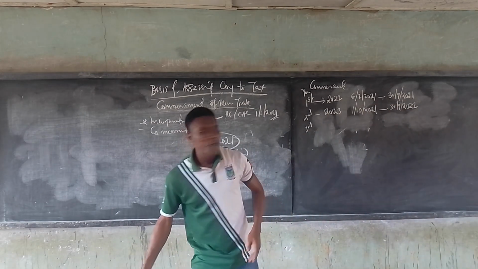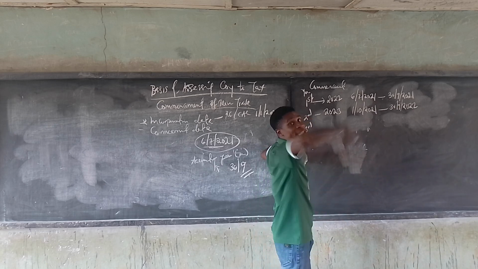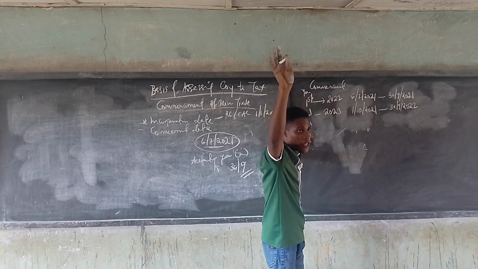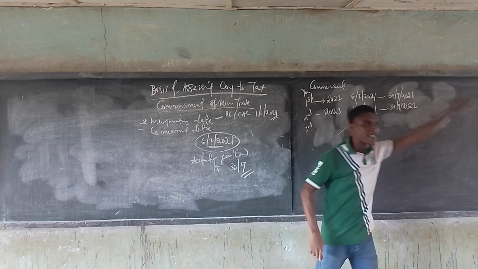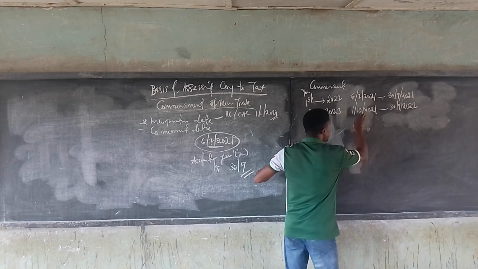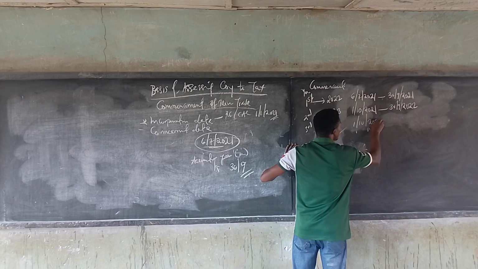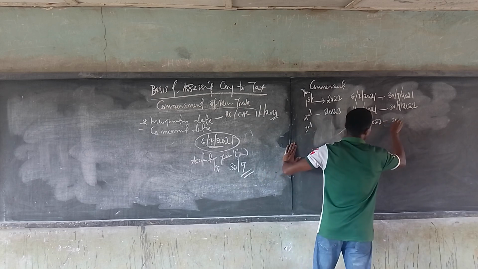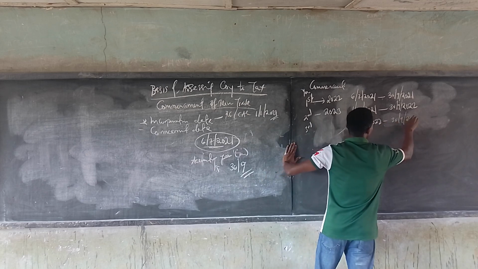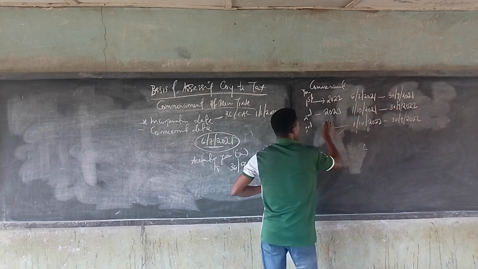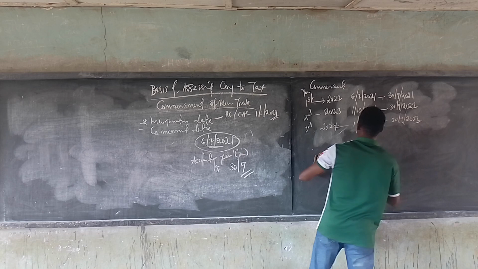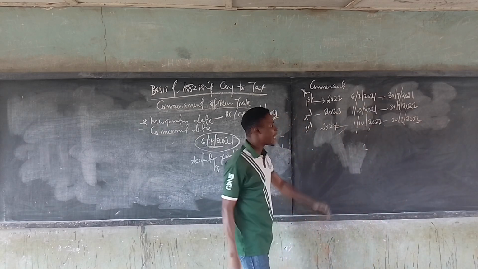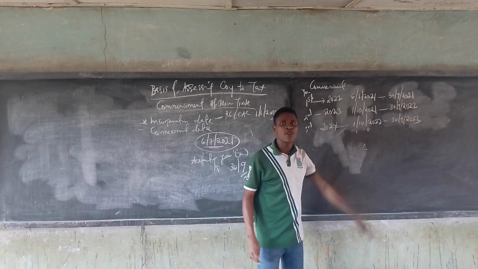That is, from 1/10/2022 to the next accounting year end, 30/9/2023. You pay in 2024. That's how it comes to pass.